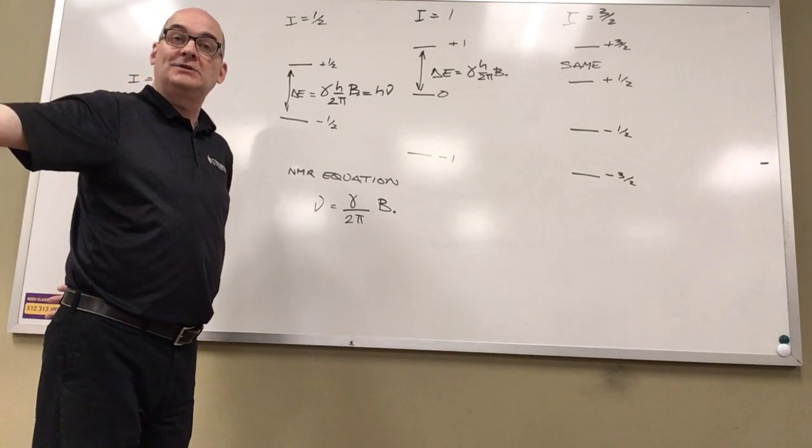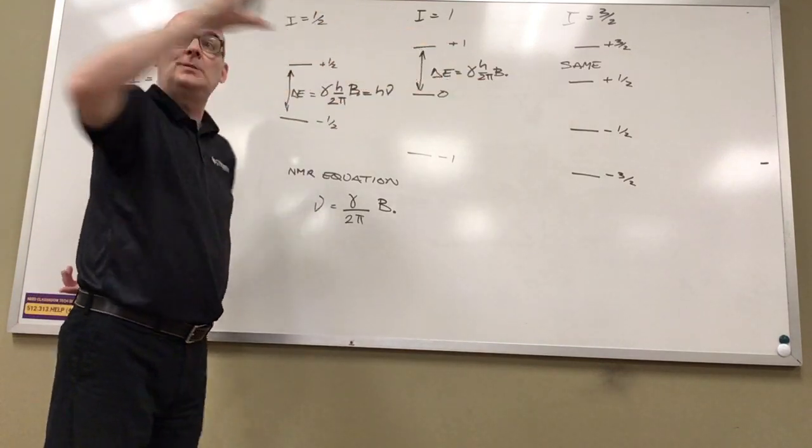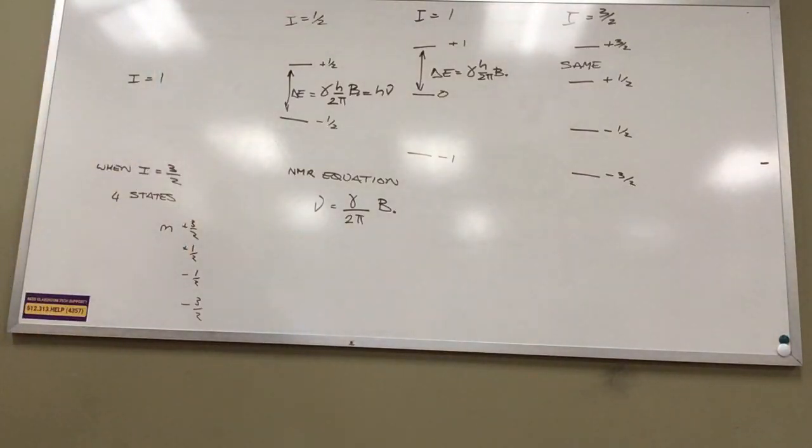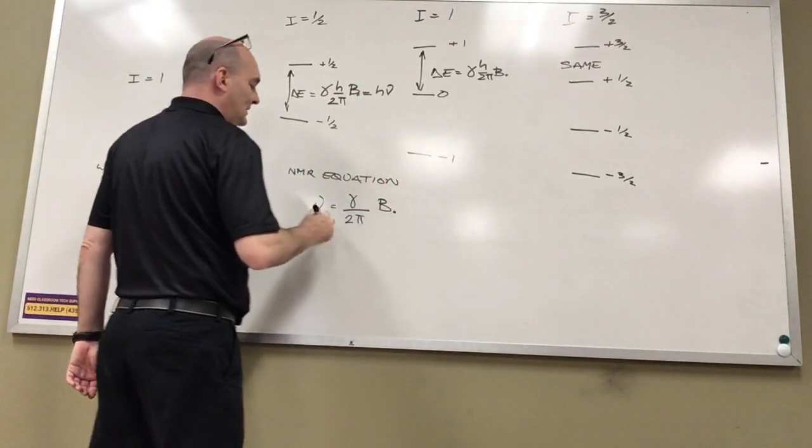If we had an NMR inside this room and an NMR in the next room, and we had a 200 megahertz instrument here and a 300 megahertz instrument next door, the frequency at which a methyl hydrogen resonates in this room would be different than the frequency that a methyl hydrogen resonates in the next room. But we're going to make it all relative by dividing everything at the end by the field strength of the magnet, giving me a relative value.